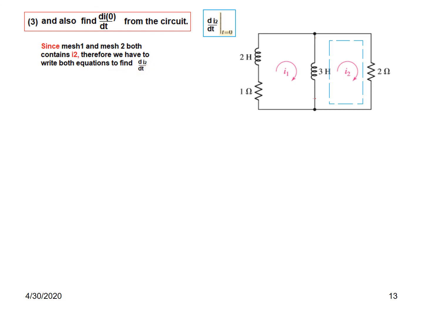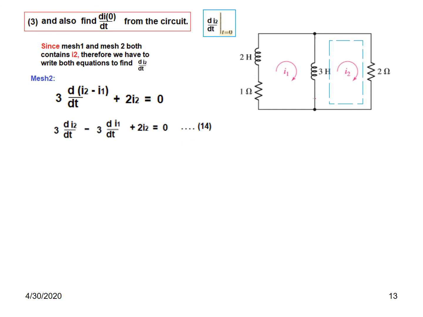So let's proceed. I'm starting from mesh 2. So mesh 2, we are going from here. So 3 d is I2 minus I1. So we'll write 3 d(I2 minus I1)/dt. And here it is 2 I2 is equal to 0. And solving, we get one of the equations, equation 14.